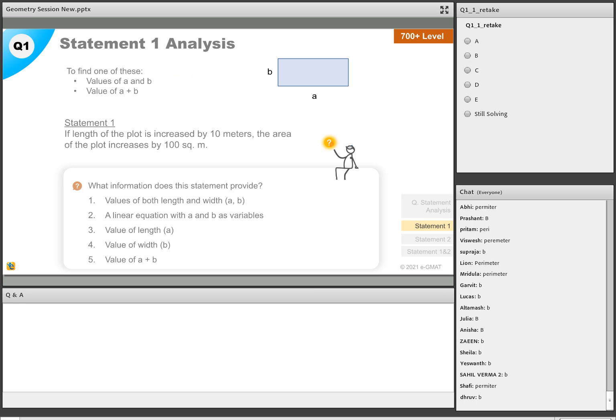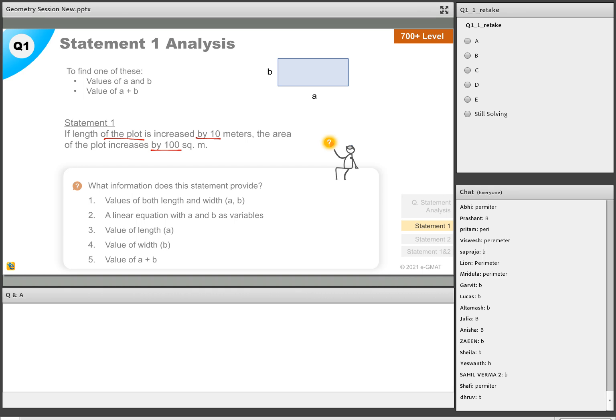The first statement tells me that the length of the plot is increased by 10 meters. If that happens, the area increases by 100 square meters. This is the information that's given to me.